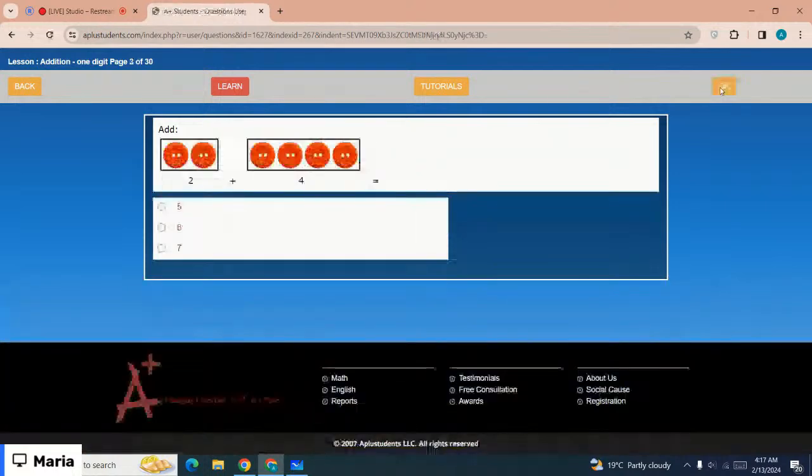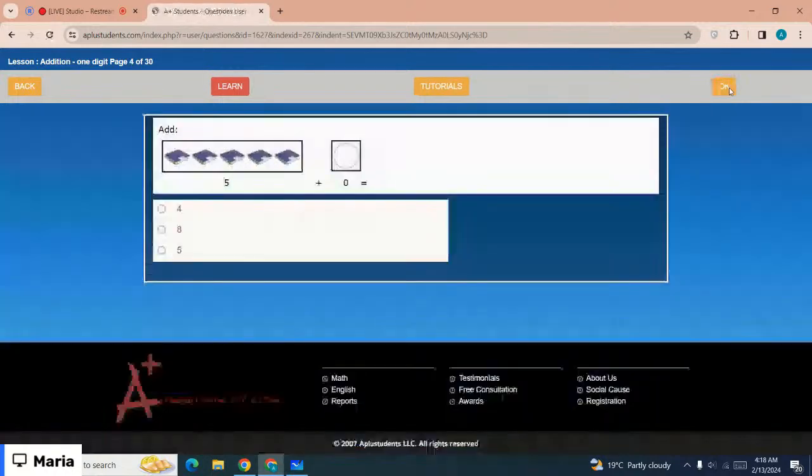The next one is add 2 plus 4, which is the correct option. 2 plus 4 is 6, that's the correct option. I can see your messages now, right?